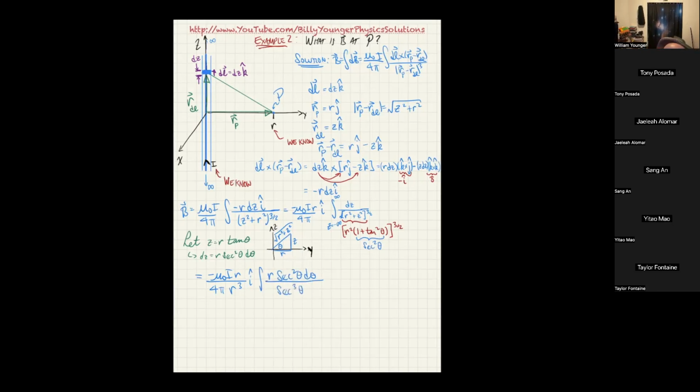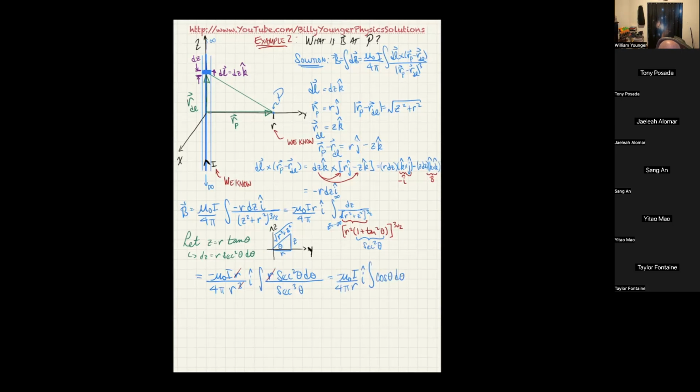And of course, that means, notice now I can get rid of this guy and this guy with that one, and that's just going to leave r to the 1 in the bottom. So now I have negative mu 0 I over 4 pi r I hat times the integral of 1 over secant theta, because this turns out to be a secant theta in the bottom, but 1 over secant theta is cosine theta.